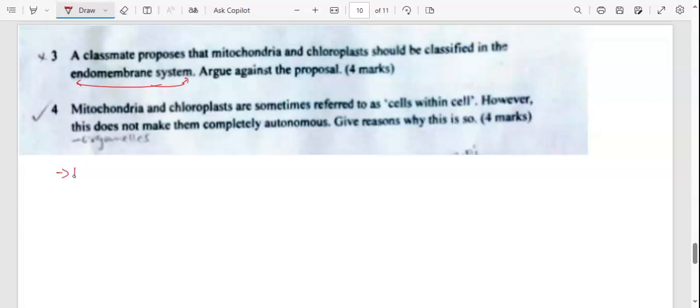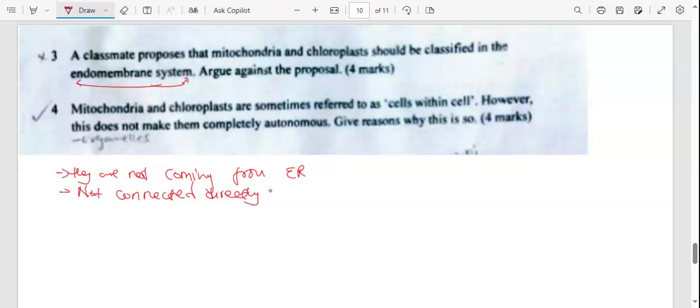I'll say they are not coming from the ER, then in the endomembrane system. Then the other thing that I'll say is they are not even connected directly to other systems within the cells.